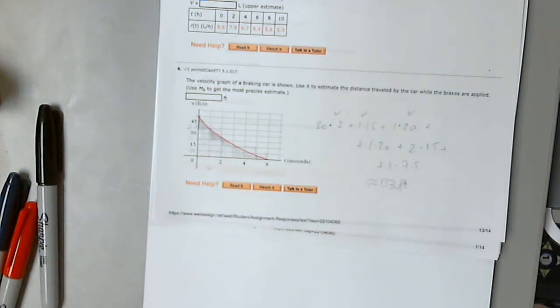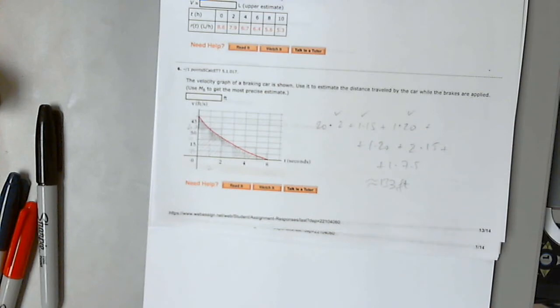Just wanted you to have an idea of how to perform these operations. So for the car to brake in 6 seconds, it will approximately be maybe 130, 132.5 feet. And that's the area.